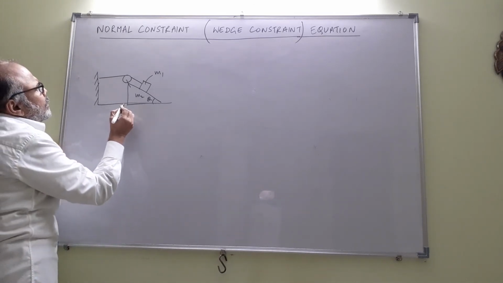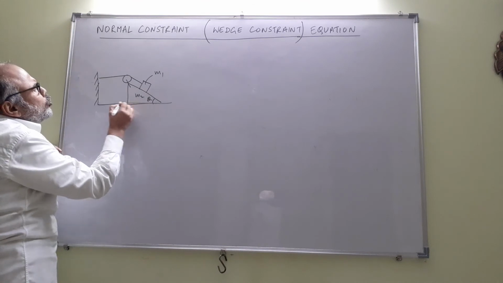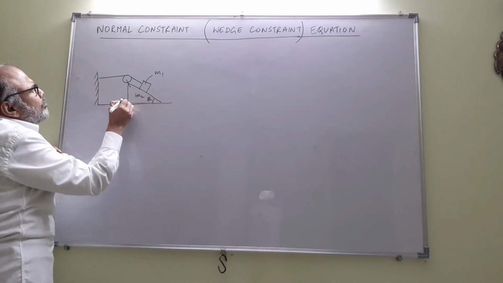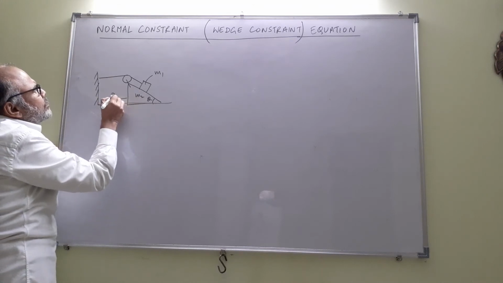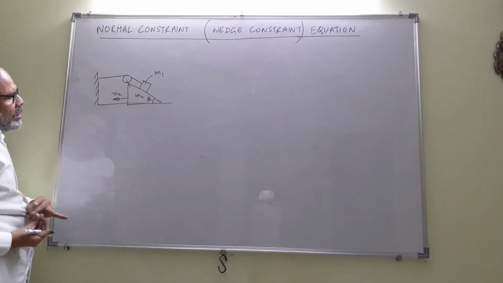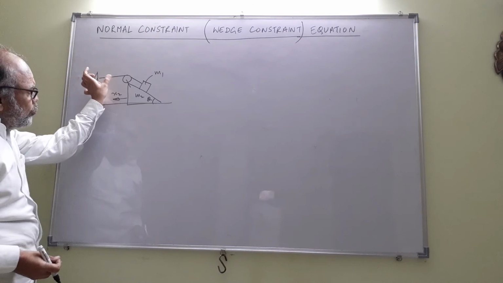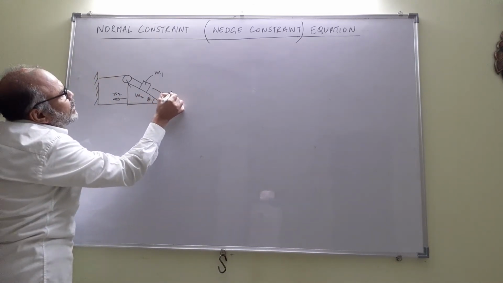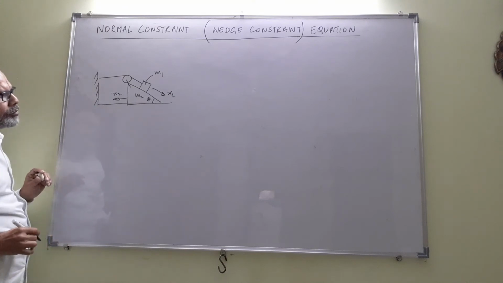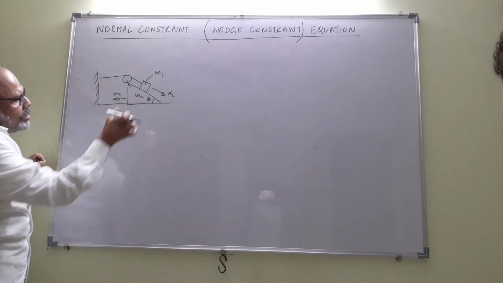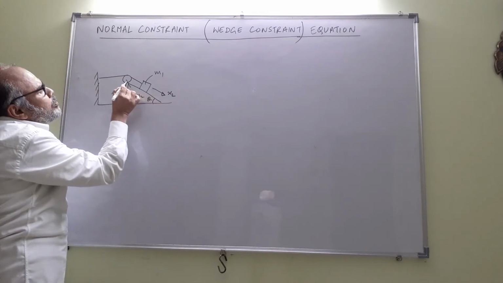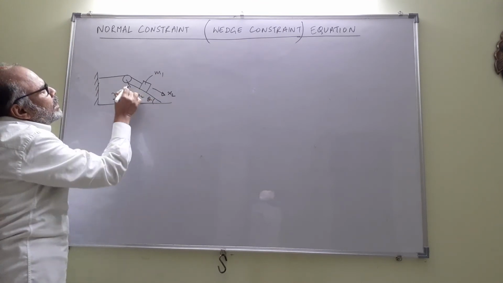Note one thing. Let us say M2 moves to the right by a distance x2. This string will reduce by x2 and it will get released here as x2 on the incline. But this x2 is on the incline, that is, it is with respect to the incline.